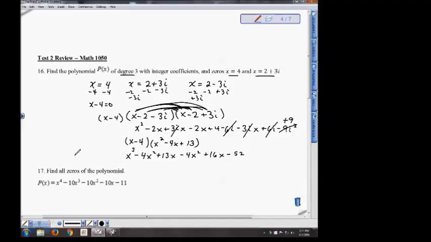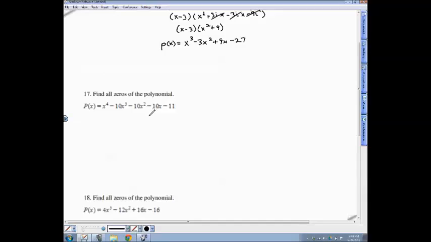Combine those like terms and you have your final product here. x to the third minus 8x squared plus 29x minus 52.